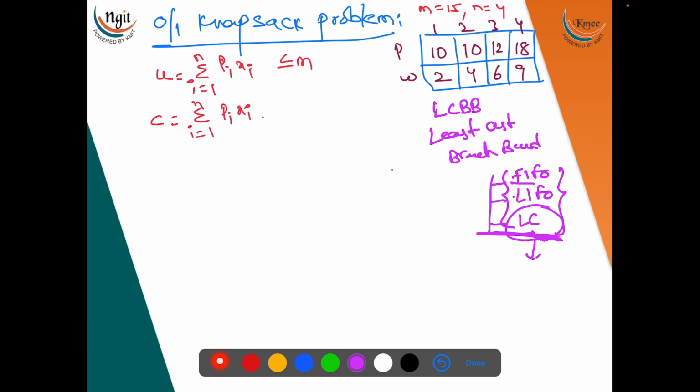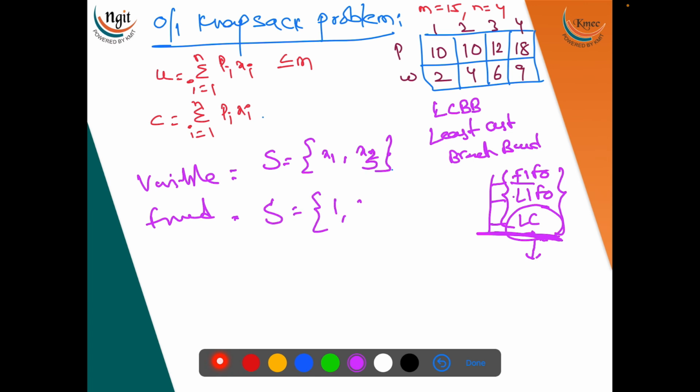Now the solution for this problem can be written as a variable size solution or a fixed size solution. Variable size solution is in the sense of which objects I placed in the bag. Let us say x1 and x3 is my solution. Then what is a fixed size solution? 1, 0, 1, 0.